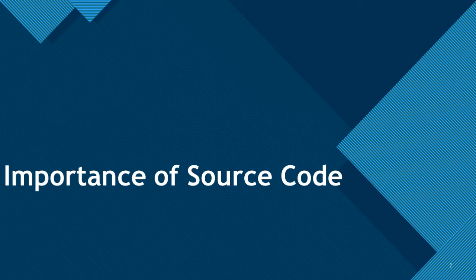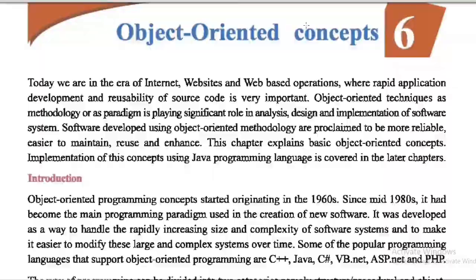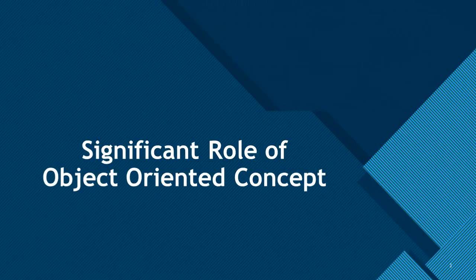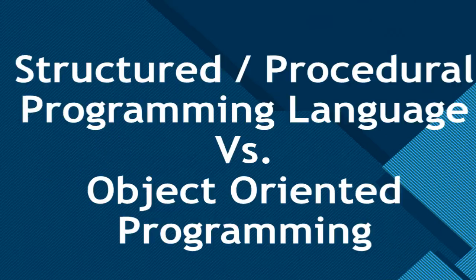So the source code which is used to deal on the internet is very important, in terms of security and in terms of how information is passing from one end to another. Here object oriented techniques, as a methodology or paradigm, play a significant role in analysis, design and implementation of software systems.